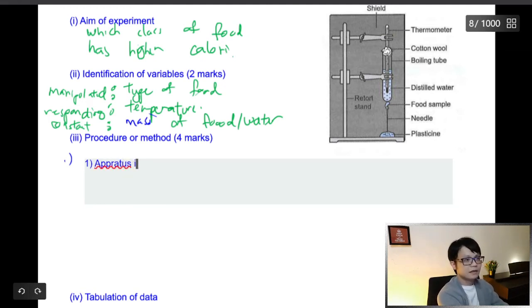Okay. So maybe you just say the apparatus is arranged as in figure, let's say figure 3.1.